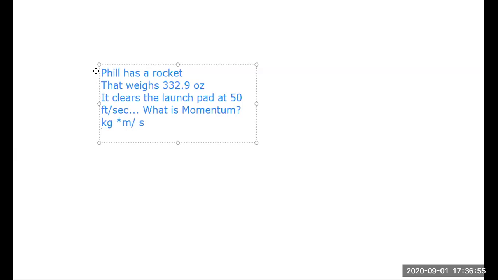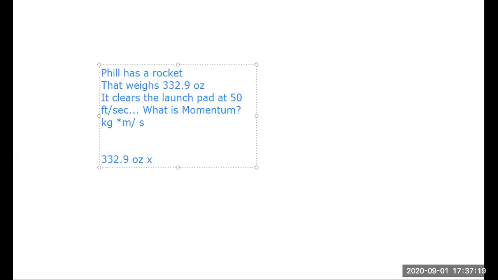All right, so I'm gonna see if this will cooperate and I can show you how this problem works. I'm gonna do my conversion of my mass as my first option here. So 332.9 ounces.